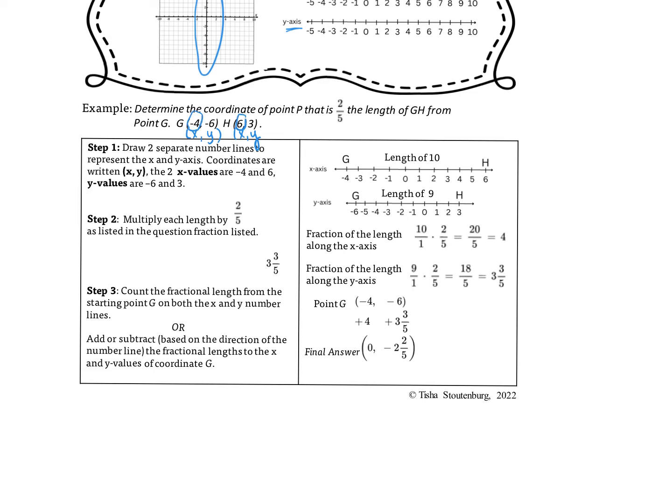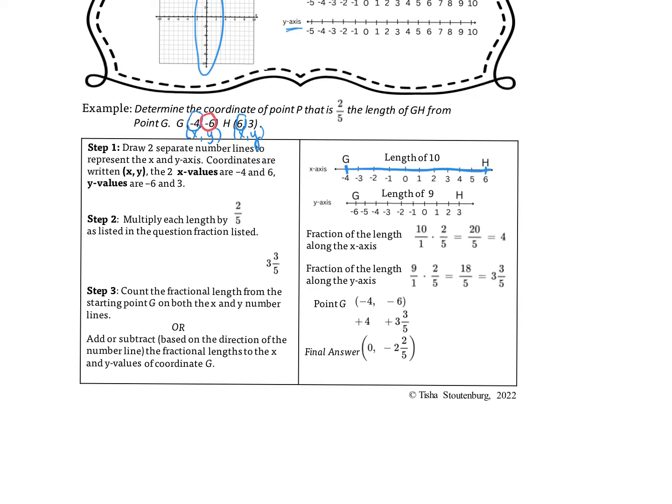So I drew a number line that starts at -4 with G and ends with 6 at H. So -4 and 6 represent my 2 x values. Then I did the same exact thing for my y values.